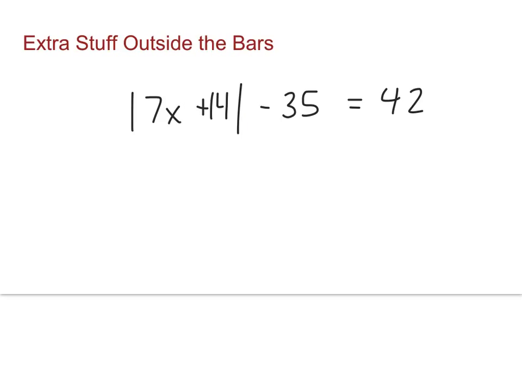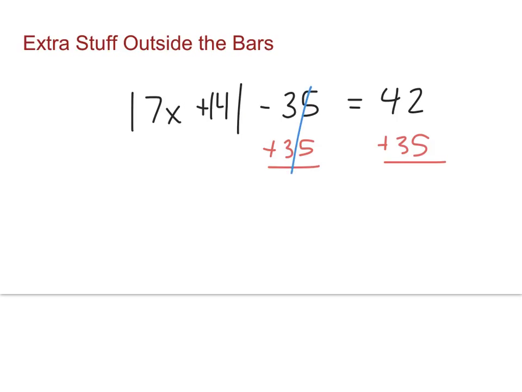And so what we need to do first is some inverse operations. So anytime there's stuff on the outside of the bars, minus 35, times by 4, any operations outside the bars, you're going to use inverse operations to deal with them first. So in this case, we're going to do plus 35 to both sides. Always do those inverse operations first.